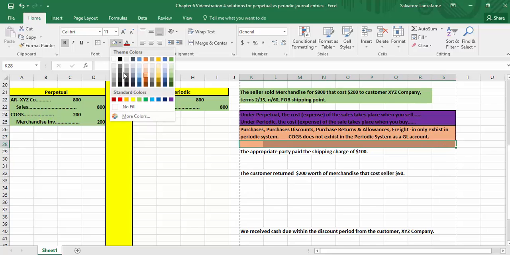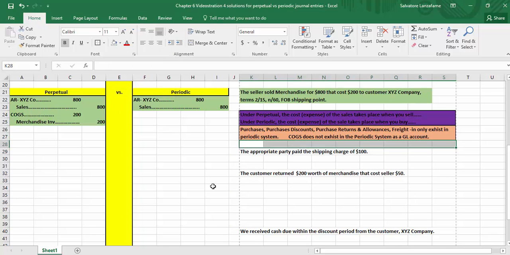The next transaction says the appropriate party paid the shipping charge of $100. How do you know if we're the appropriate party? Well, did it say FOB shipping point or FOB destination? If you're the one selling, that means you're the seller.